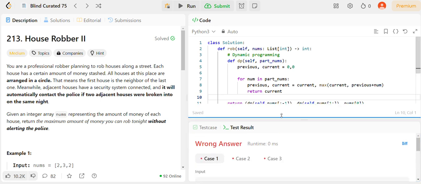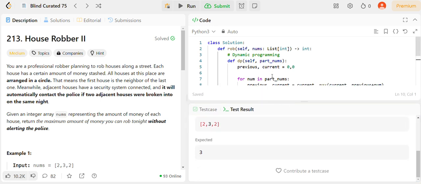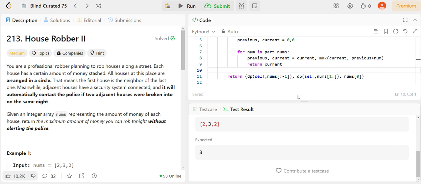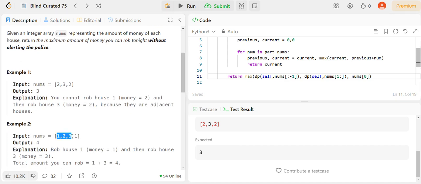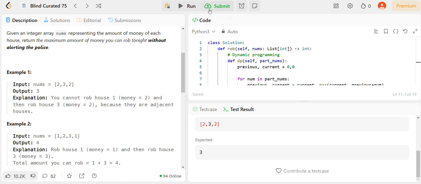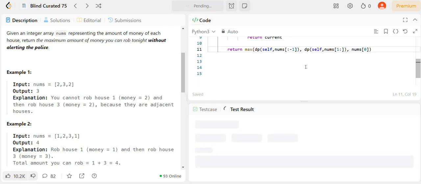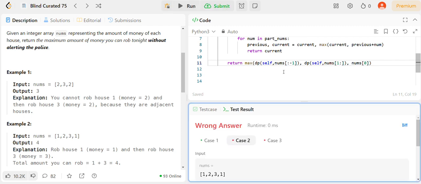Okay, so we got a wrong answer. I think the problem is that we have three types of slice, and we have to find the maximum from these three situations.